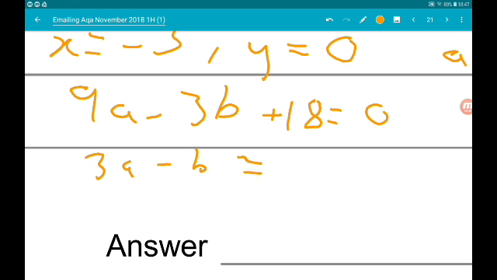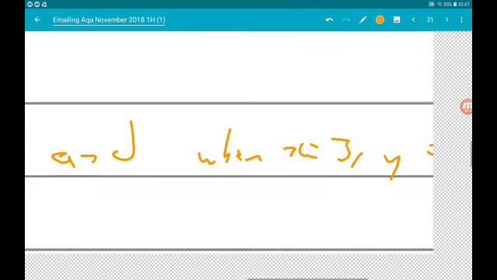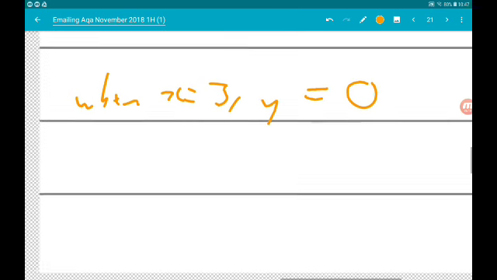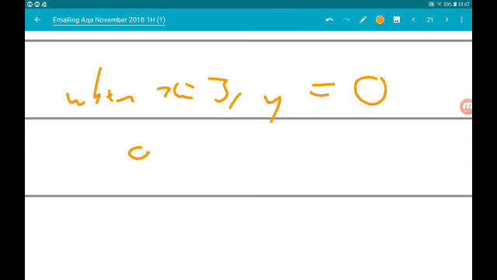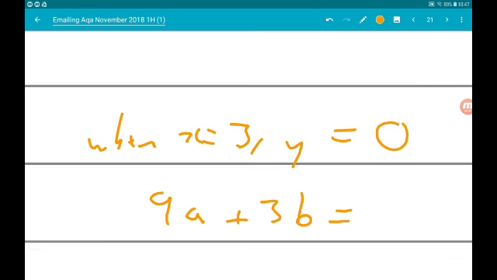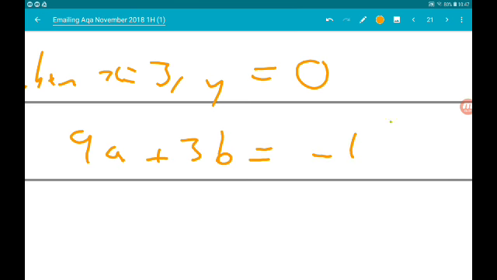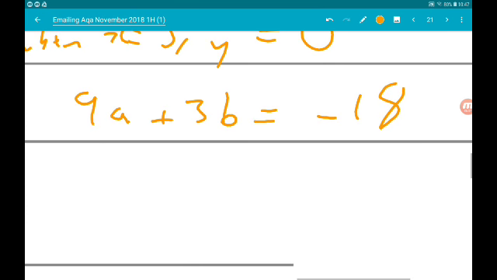I'm also going to take away the 18 and divide it by 3, so that's equal to minus 6. And then when x is positive 3, we get 9a and 3b. Again, we're going to take away the 18, so we get minus 18. Now again, there's a common factor of 3, so we get 3a and b is minus 6.